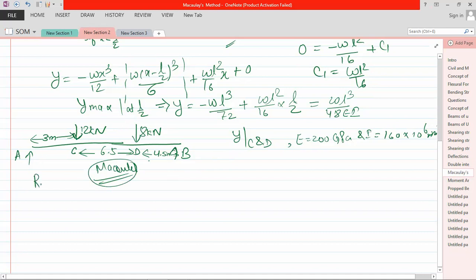So first of all, obtain the reactions. This is 6.5, this is D. So RA is equal to 12 kilonewton and RB is equal to 8 kilonewton.